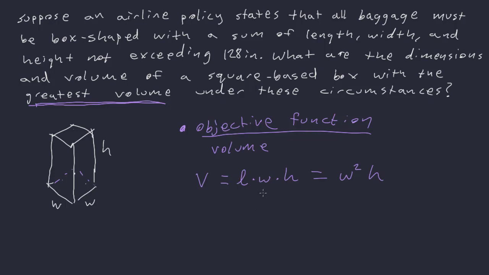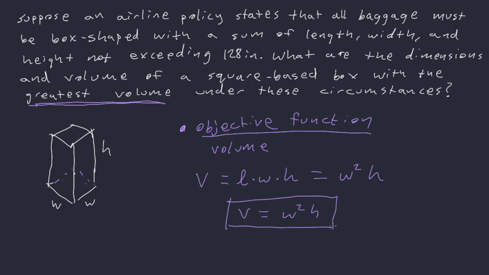Either one will work here. Or you could call this x by y or whatever. The letters don't matter. In your online homework, it will likely tell you what variables to use. It will tell you which ones to label. But that's our objective function, w squared h.